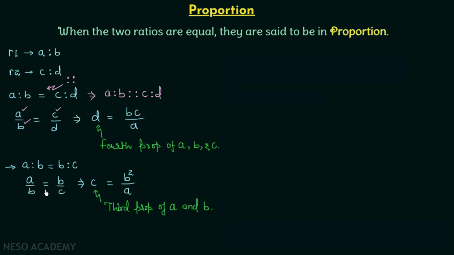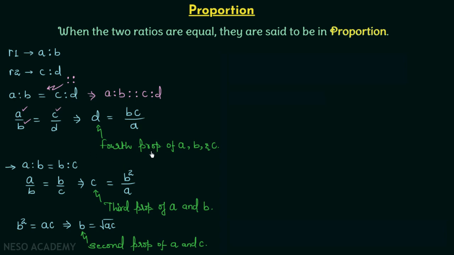When you perform the cross multiplication, you will have square of B equal to A multiplied by C. From here we will have B equal to under root AC, and B we call the second proportion of A and C, and B, the second proportion, is also known as the mean proportion. So this is all for second proportion, third proportion and fourth proportion.